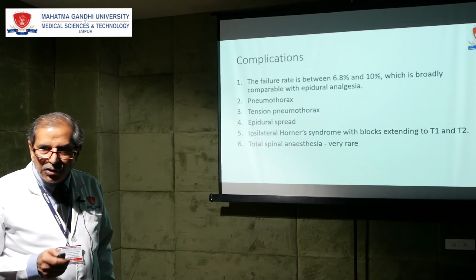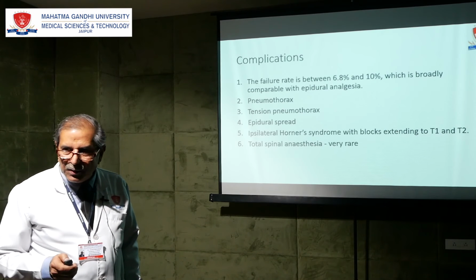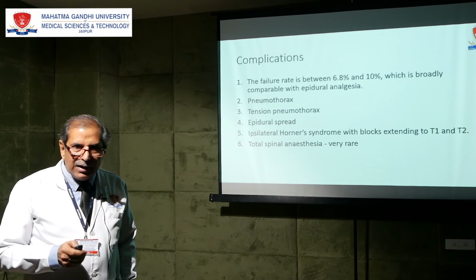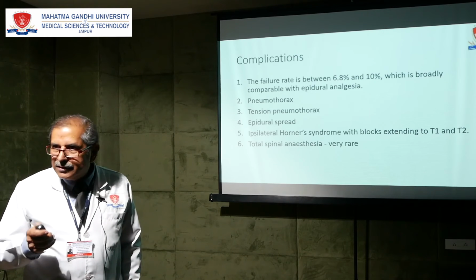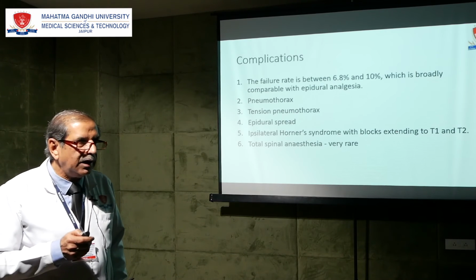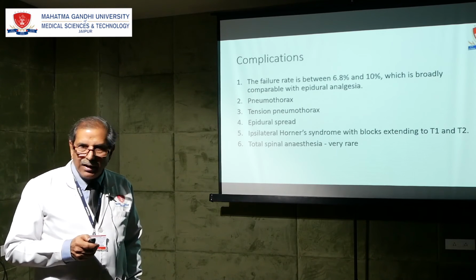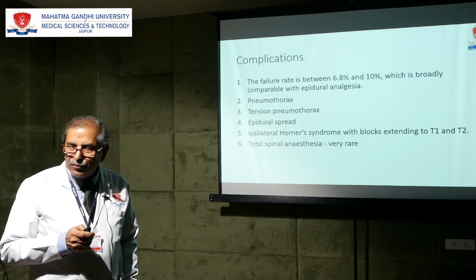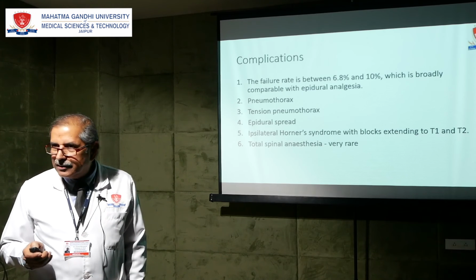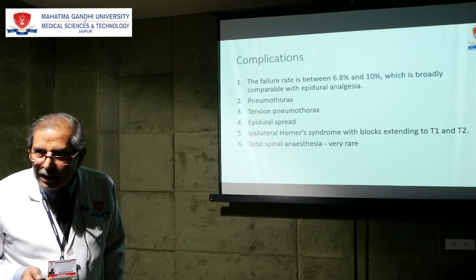We need to make sure that we are not aspirating clear fluid which may be CSF, cerebrospinal fluid, and if you inject at this level, it is going to result in spinal anesthesia, and if you inject a large volume, it can result in total spinal anesthesia.